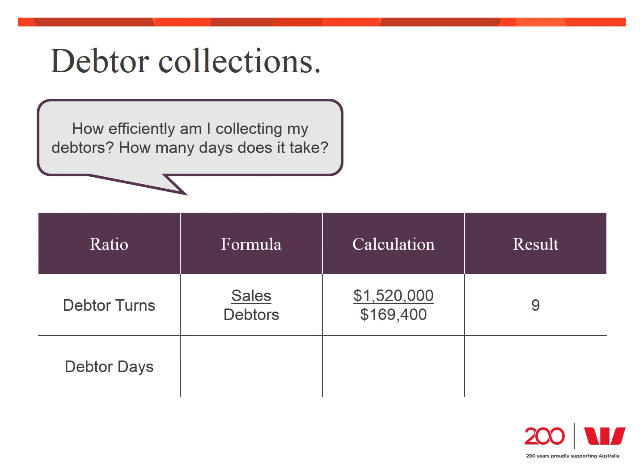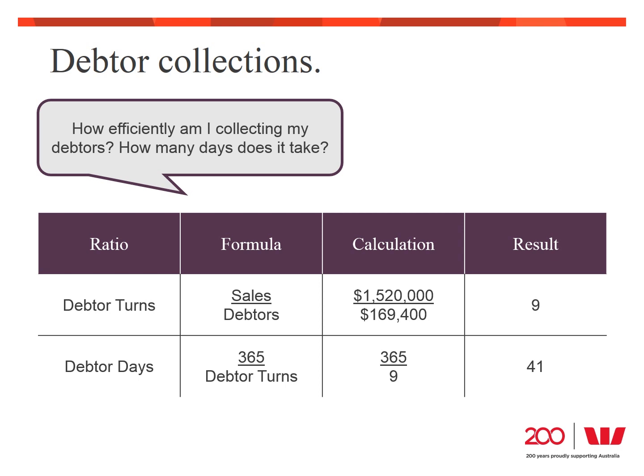Now, Anna's sales are $1,520,000 and her debtors are $169,400, which tells us that on average, Anna collects her debtors 9 times a year. So how many days is that? 365 divided by 9, of course, is 41. So it's taking Anna 41 days to collect her debtors.